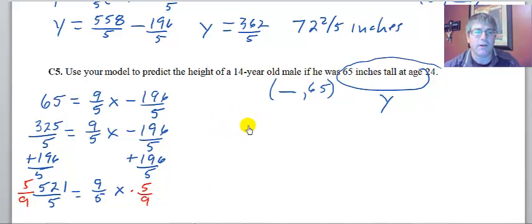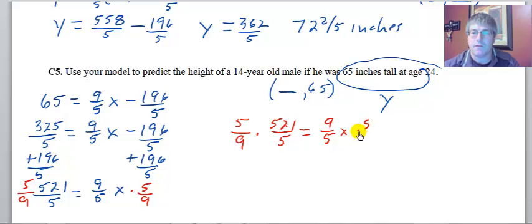So I'm going to write over here where you can see this a little better. So I have 5 over 9 times 521 over 5 equals 9/5 x times 5/9. So that's the property of our reciprocal, so that's 1x.